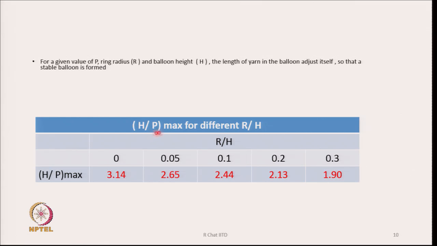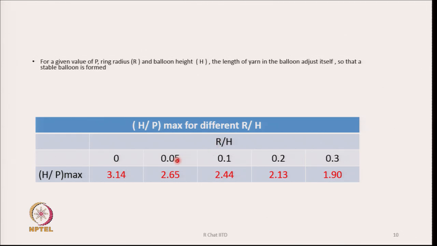So, h by p max for different values of r by h has been found out, and this table gives this data. Here r indicates the ring radius and h indicates the balloon height. The r by h value could be 0. In that case, h by p max is going to be pi, which is 3.14.